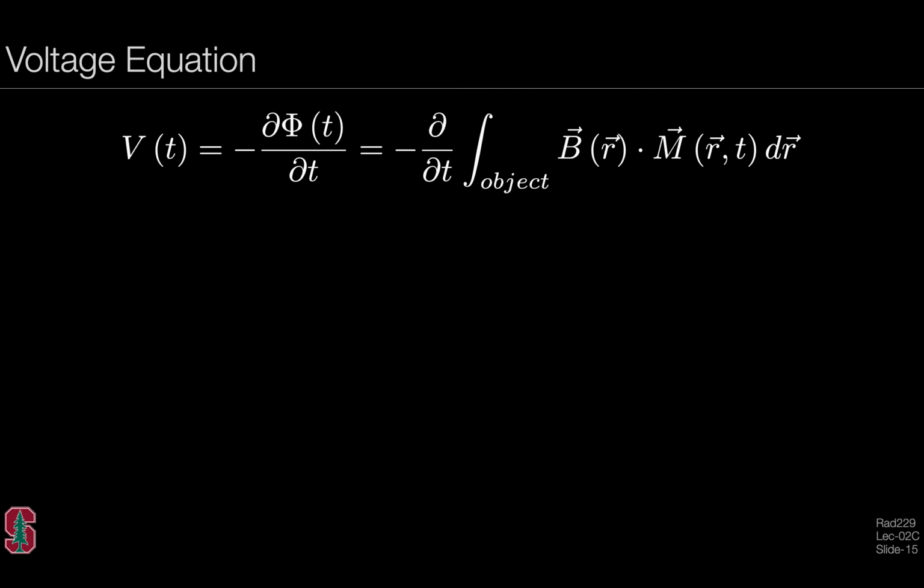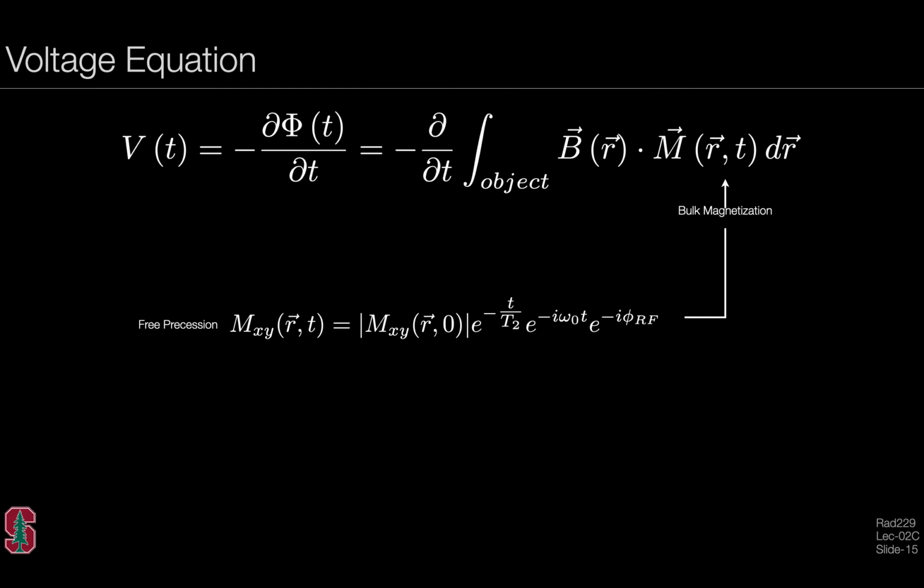So the voltage equation shown here is Faraday's law of induction, which describes that the time rate of change of the magnetic flux gives rise to a voltage. Now in our case, the magnetic flux arises as a consequence of the transverse magnetization, or the bulk magnetization rather, a term which we can expand out quite a bit. So the free precession, which is the magnetization that we're detecting while the receiver is turned on.